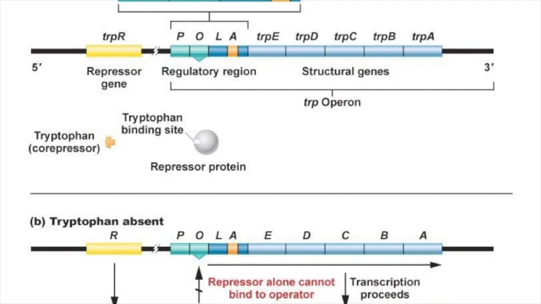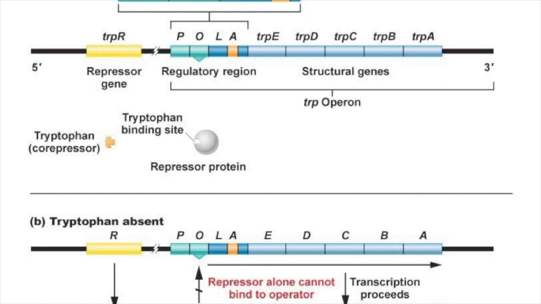And so since there is no tryptophan, what do you think we want to do? We want to express these genes. We want to make tryptophan because we're out, okay? So since that repressor protein is not attached to tryptophan, it maintains this shape with just one little notch on the left, and it is unable to bind to the operator site, okay?